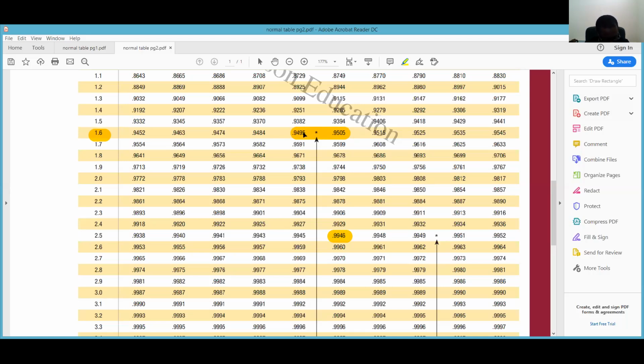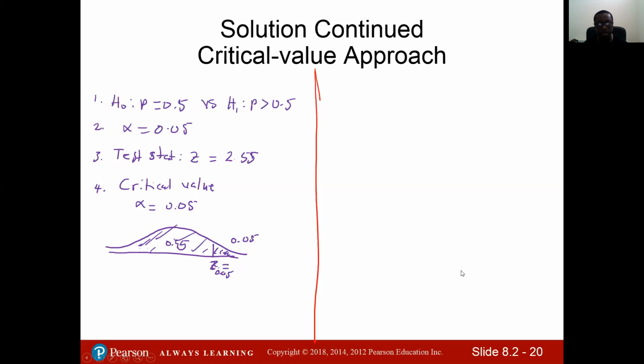What we do is find the average of those, and that's how we get 1.645, because 0.95 falls directly in the middle of those 2 values. So let's go back to our solution and complete that.